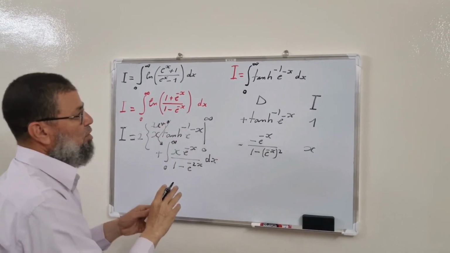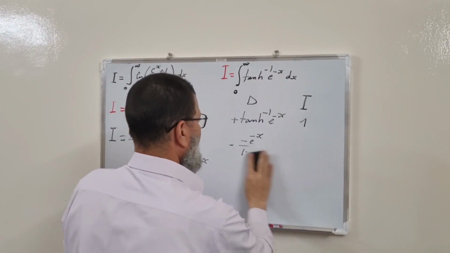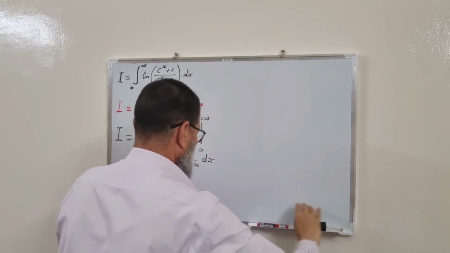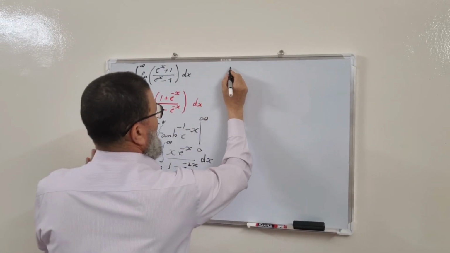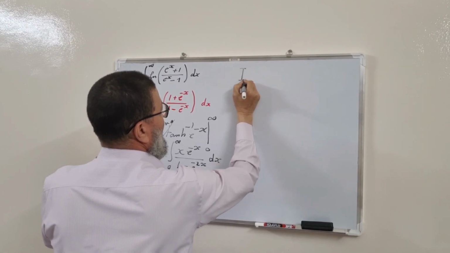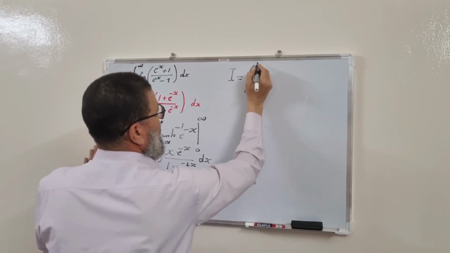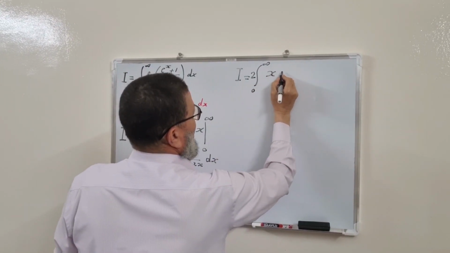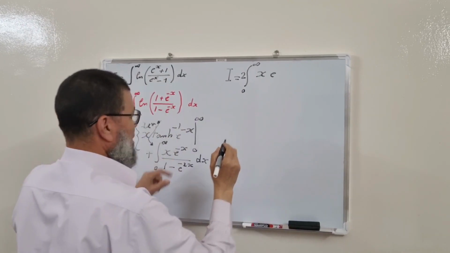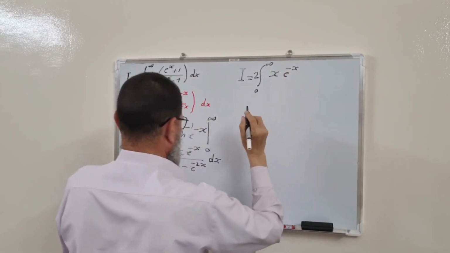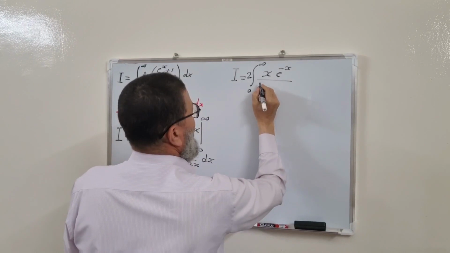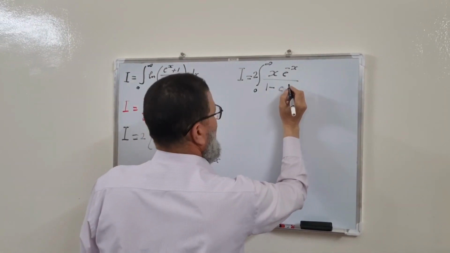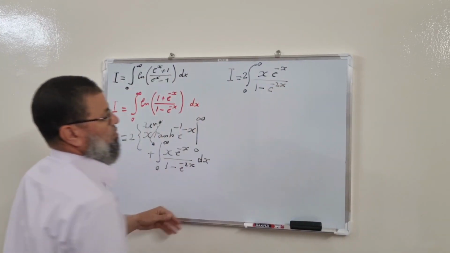So the original integral will be reduced to I equal to the integration from 0 to infinity of x multiplied by e^(−x) divided by (1 minus e^(−2x)) dx.